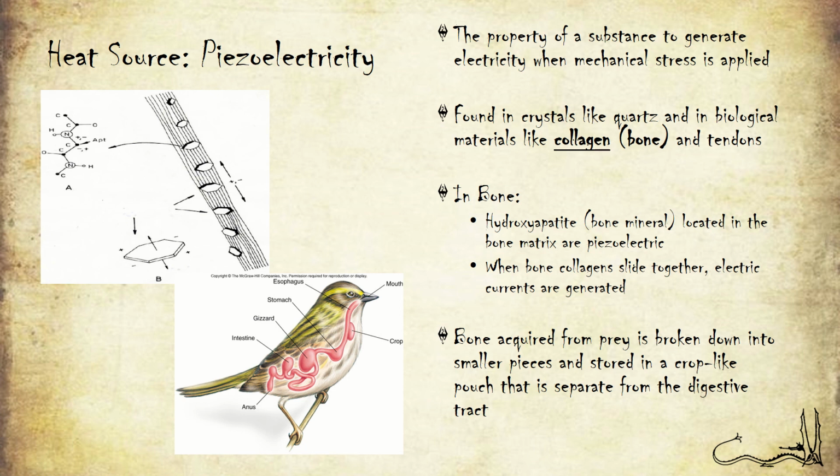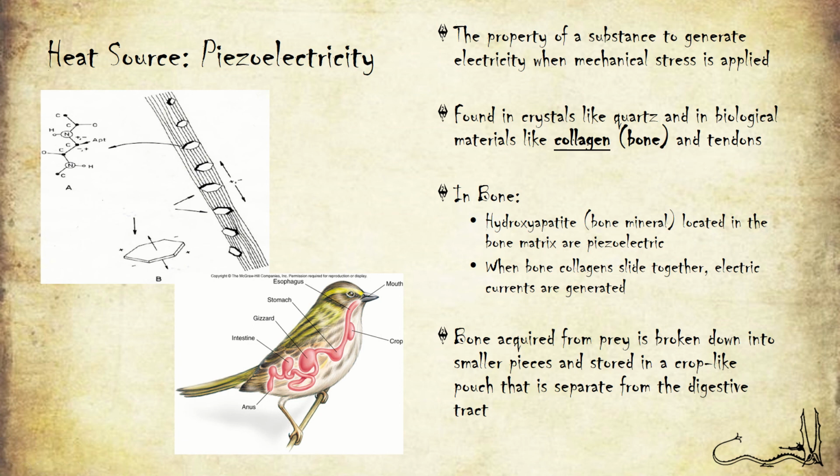So bone mineral located in the bone matrix is piezoelectric. And when these collagens slide together, electric currents are generated. So in our theoretical dragon, bone acquired from its prey is broken down into smaller pieces and stored in a crop-like pouch that is separate from the digestive tract. You can see in a bird right here, they have a crop where they usually store food because they have to consume it quickly.